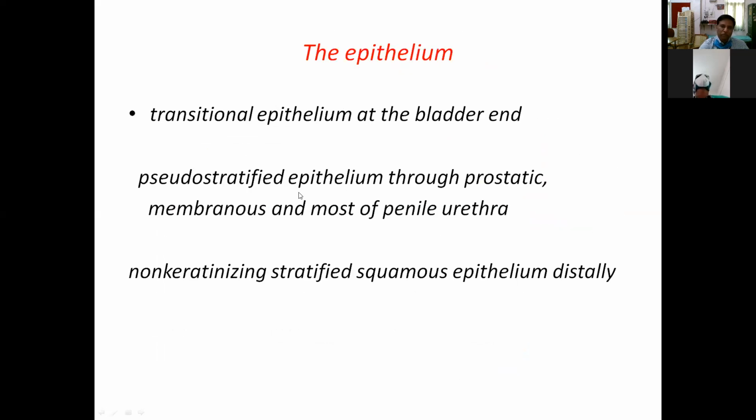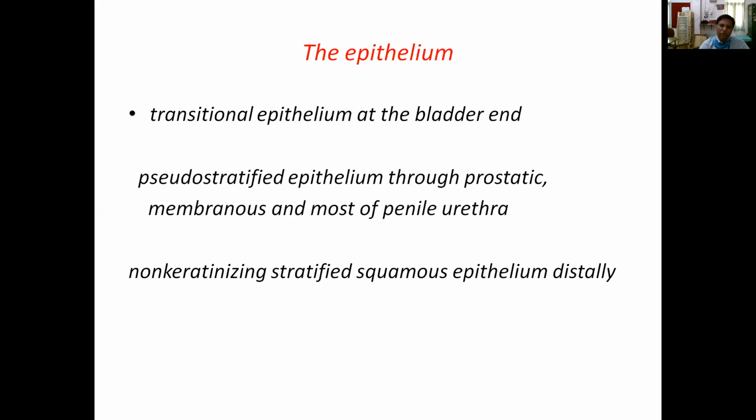The urethra is lined by different types of epithelia depending on the part of the urethra. Proximally, close to the bladder, transitional epithelium is present at the bladder end of the urethra. It gradually changes to pseudostratified columnar epithelium, which is present in the prostatic, membranous, and most of the penile urethra.